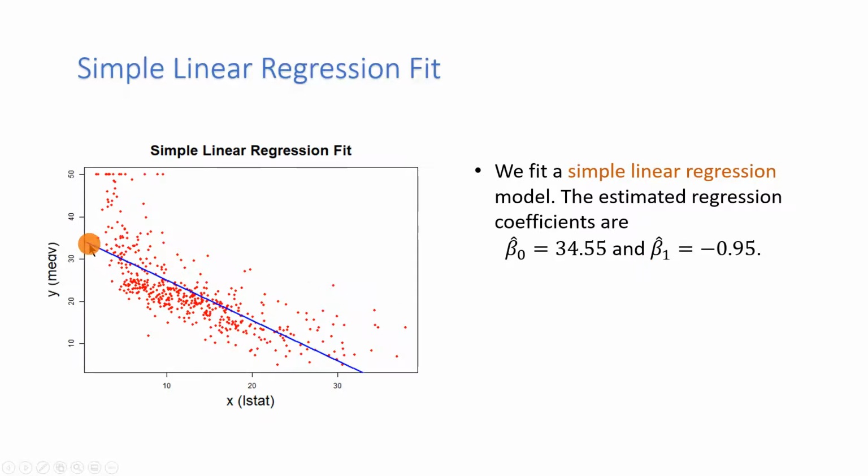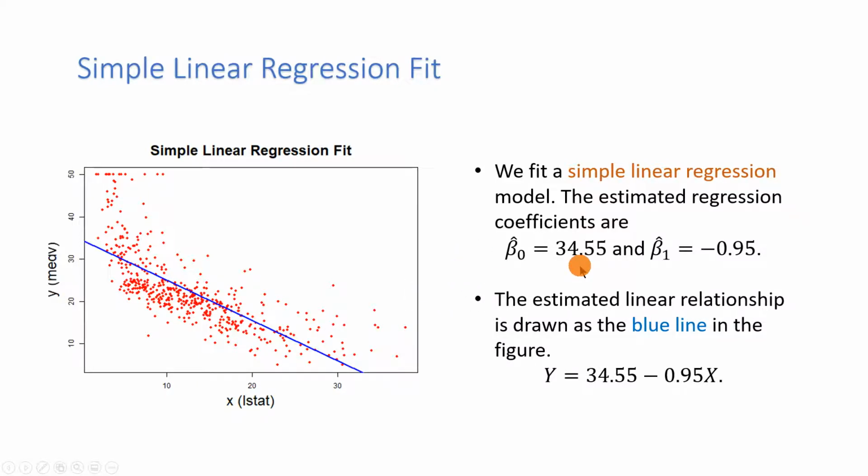And the straight line we fit for the simple linear regression model is plotted as this blue line here. We do see that this blue line is a little bit higher up here because of the impact of these outliers, right? If we ignore those outliers, we may expect a line in the middle of these clusters here. But this blue line is shifted up a little, which is the impact of these outliers. Okay.